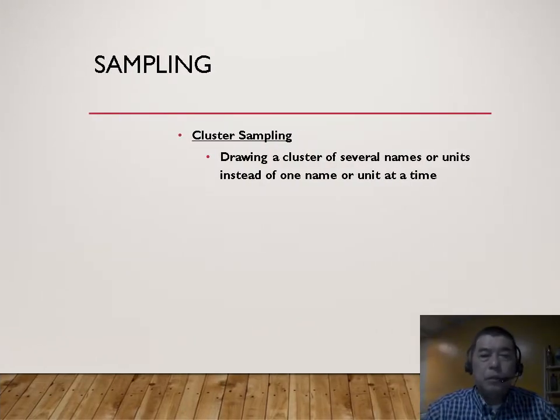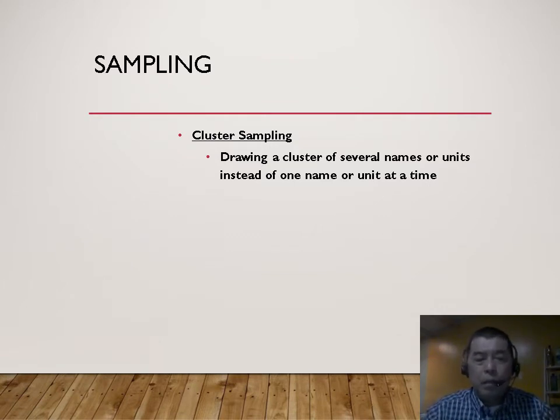Now let's go to cluster sampling. Cluster sampling is a probability sampling technique where researchers divide the population into multiple groups or clusters for research. Researchers then select random groups with a simple random technique or systematic random sample technique for data collection and data analysis.